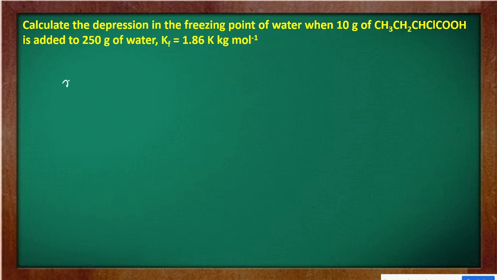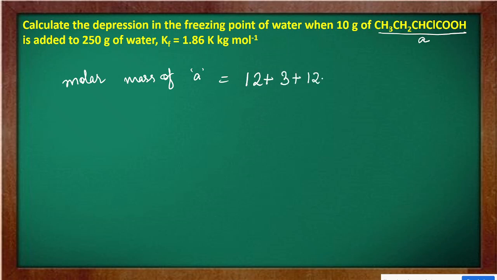Molar mass of this given compound. Suppose I am naming it as A. Molar mass of A. Let's write. For carbon it will be 12 plus 3 hydrogens plus again 12 plus 2 plus again 12 plus 1 plus 35.5 plus again 12 plus 2 oxygens are there, so it will be 32, and plus 1 hydrogen, so it will be 1.